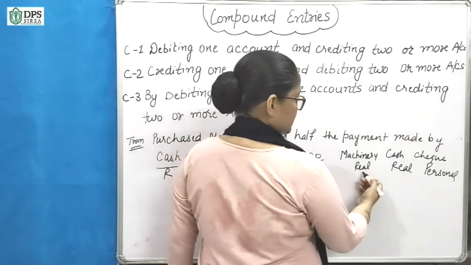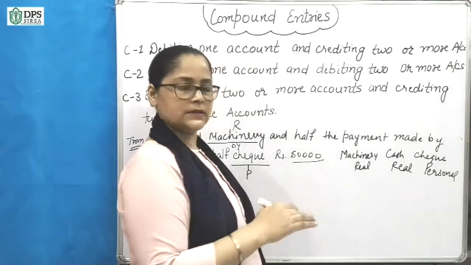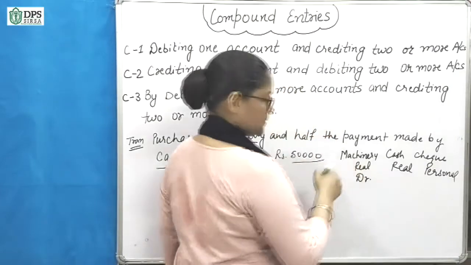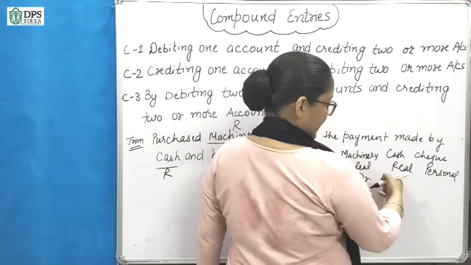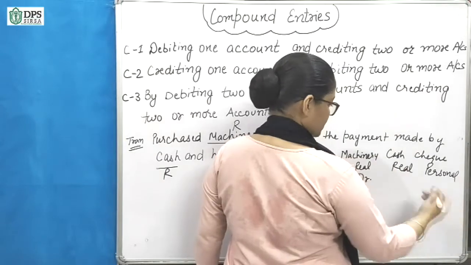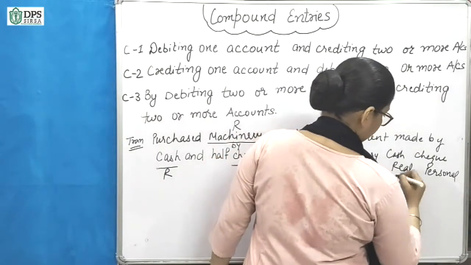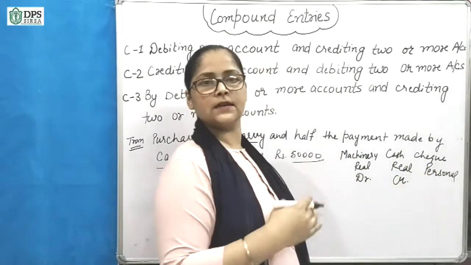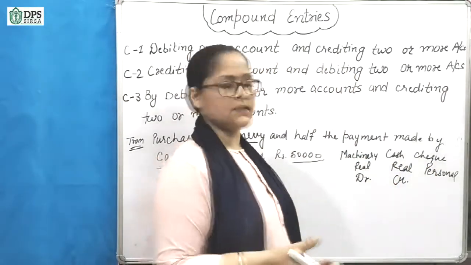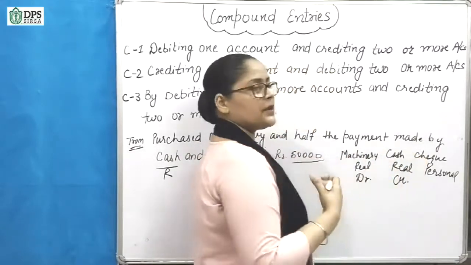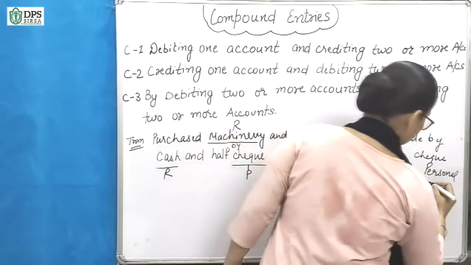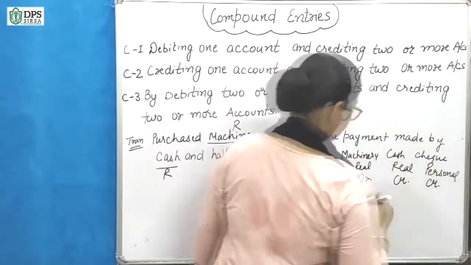So machinery, the rule of the real account is what comes in debit. So machinery will be debit because we are purchasing machinery. We are paying cash, so cash is going out, so it will be credited. Then personal account rule is debit is the receiver and credit is the giver. So check means bank. So bank is the giver, so it will be credited.